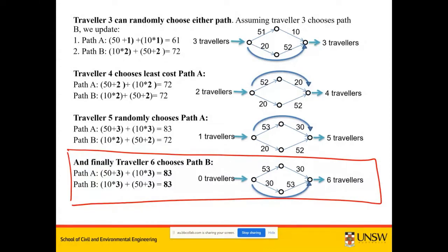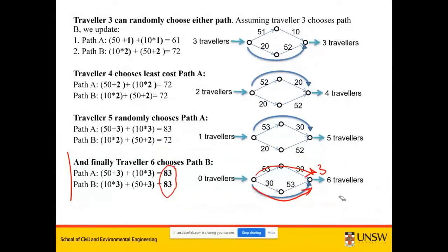So if you keep incrementally loading, you will end up with a case where you get the exact equilibrium point where path A and path B have equal travel time, just like in this case, and you have 3 people taking this path and 3 people taking this path. And you can see the travel times of path A and path B are equal, so the user equilibrium conditions are met. And there you go, you solved user equilibrium.